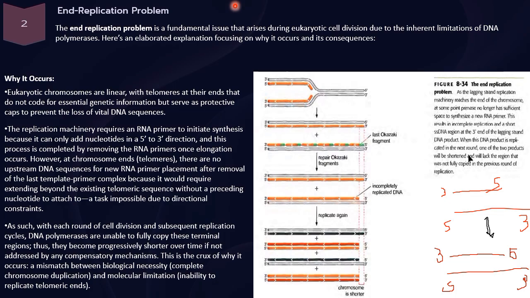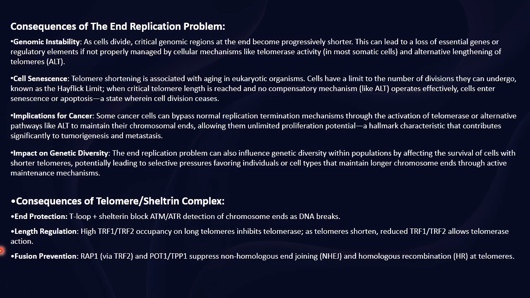Before getting to know about the telomerase enzyme, let's discuss some consequences of the end replication problem if it remained unsolved. The first one is genomic instability. That is, as a cell divides, critical genomic regions at the end become progressively shorter. This can lead to loss of essential genes or regulatory elements if not properly managed by cellular mechanisms like telomerase activity and alternative lengthening of telomeres.